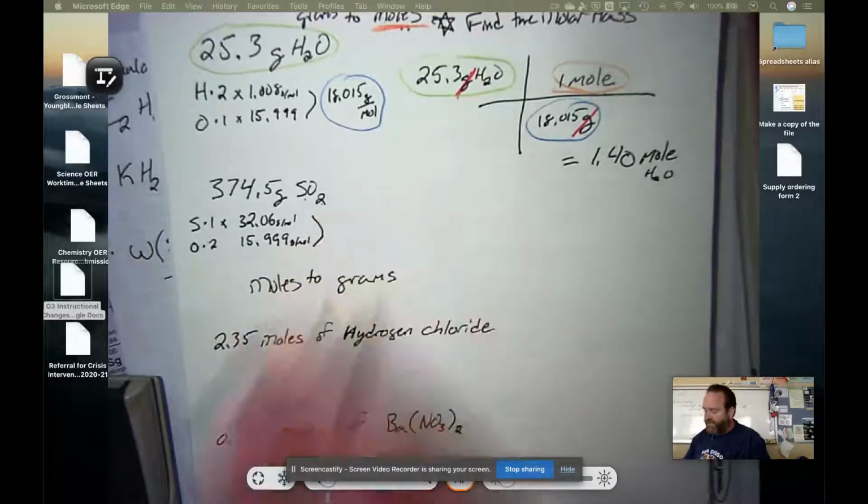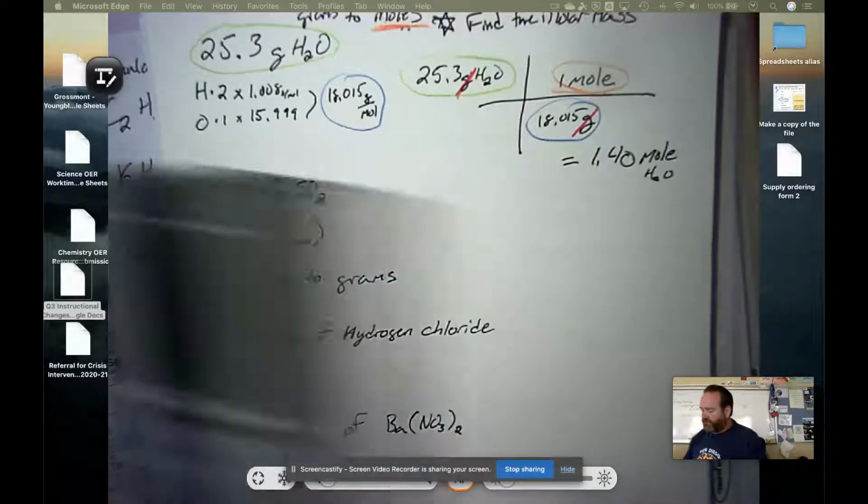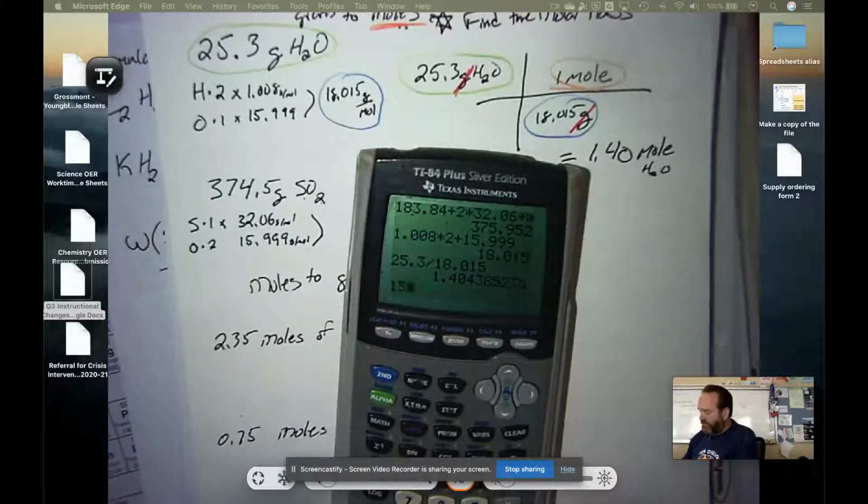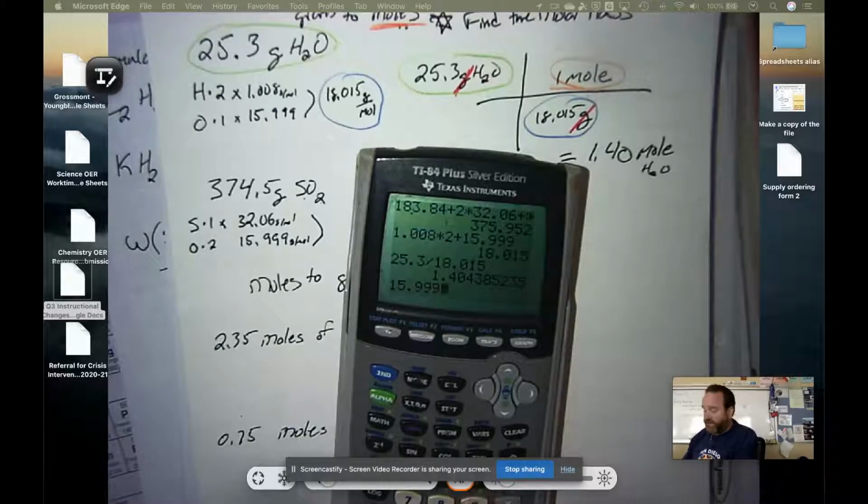So we can combine those: 15.999 times 2 plus 32.06. And math laws say I can go either direction. I know I should have gone 32.06 first, but you see that you get the same answer.